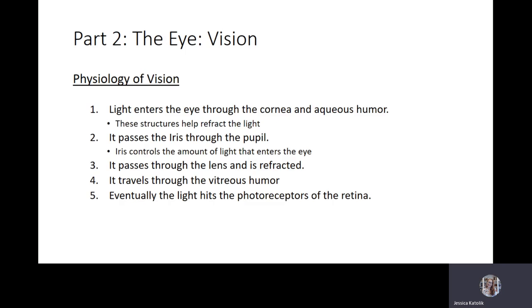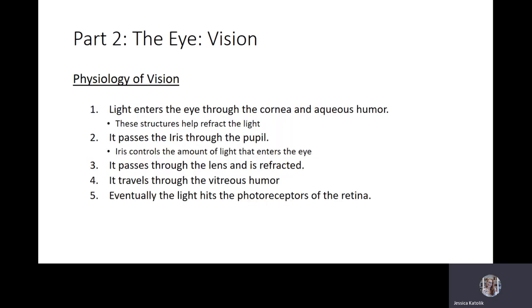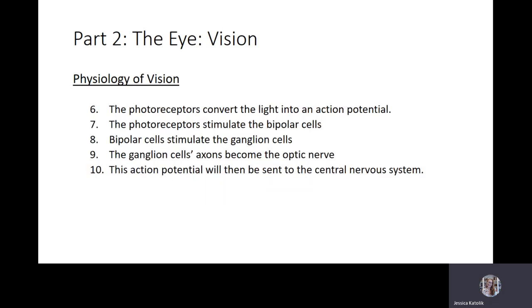I did write out the steps for you so you can have this available to help you study. I will give you a moment to write down this information or pause, for 1 through 5, and here is 6 through 10.